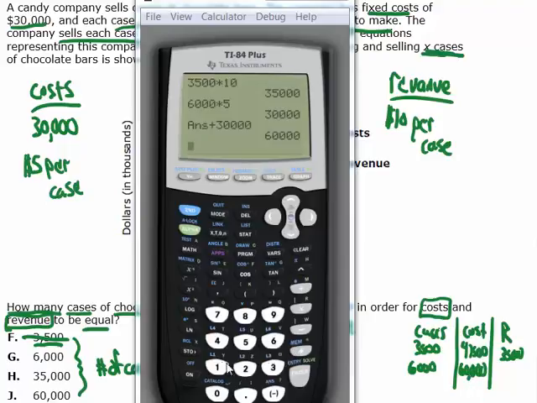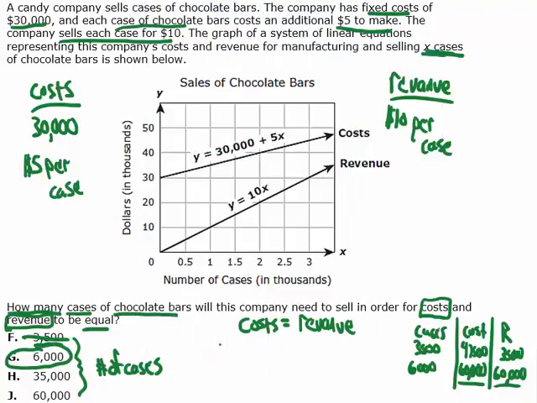There's a lot of zeros there. And at $10 per case, 6,000 cases times $10 per case means that we earn $60,000. Oh, wait. Notice the cost is 60,000 and the revenue is equal to 60,000, so G must be the correct answer. 6,000 cases causes our costs and revenue to be the same. So there you go.